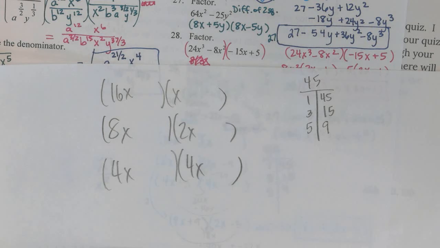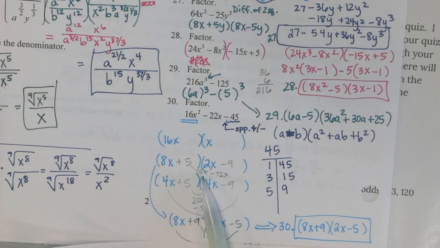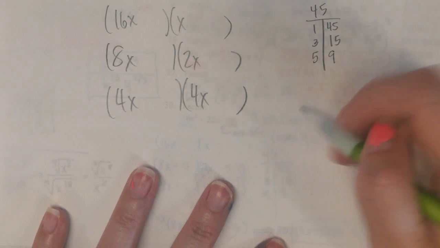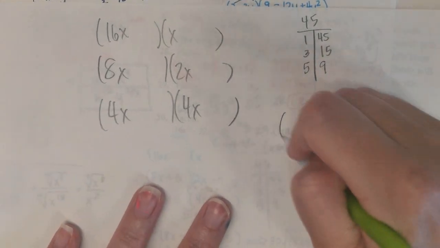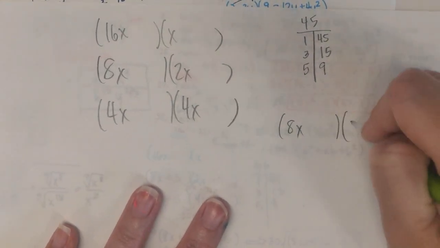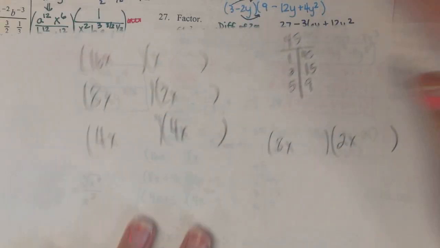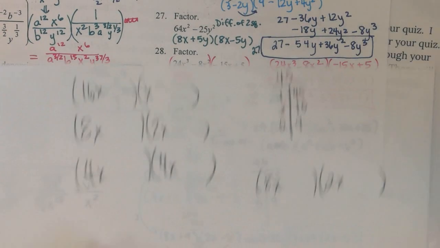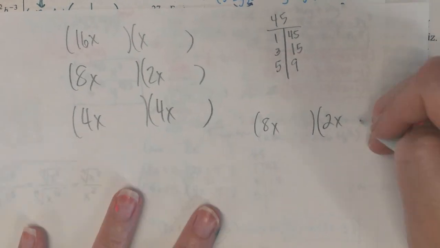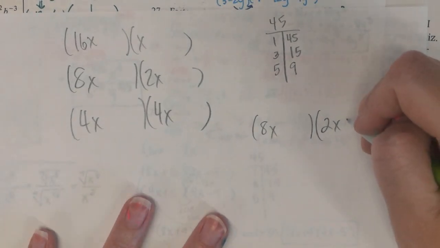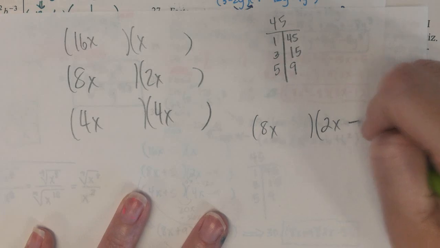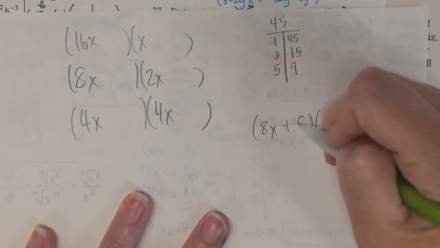So we know that when we plug these in, we can check them with FOIL. So I just checked a few different ones. Because it's a negative 45, what do we know about the signs? They're opposite. So one has to be plus, one has to be minus, and it should be a negative middle number.